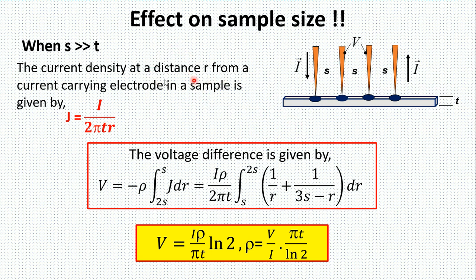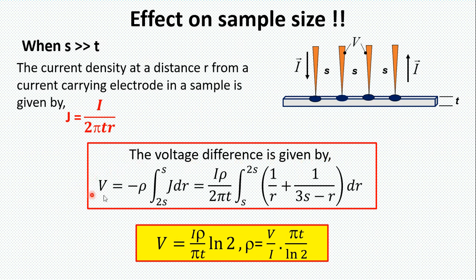Here the current density at a distance r from a current carrying electrode in a sample is given by I divided by 2 pi t r. Earlier the current density formula was different, but here you can consider a two-dimensional sample because the thickness is much smaller than the probe distance.